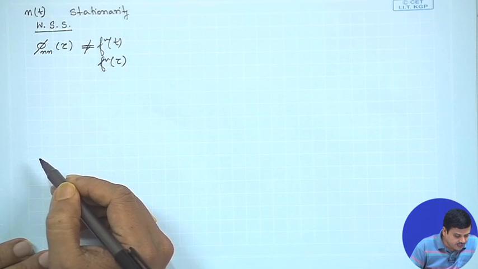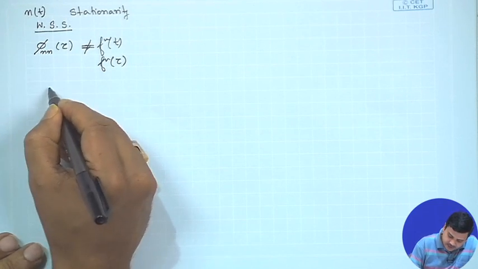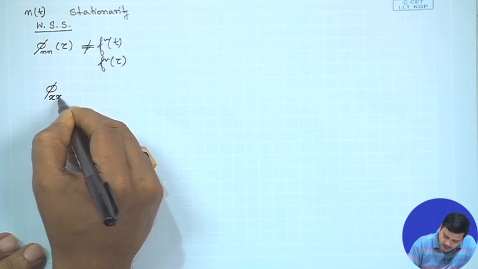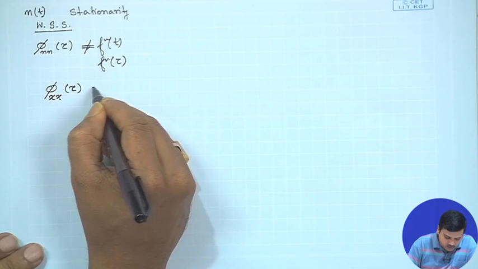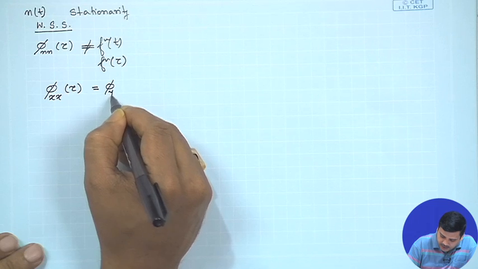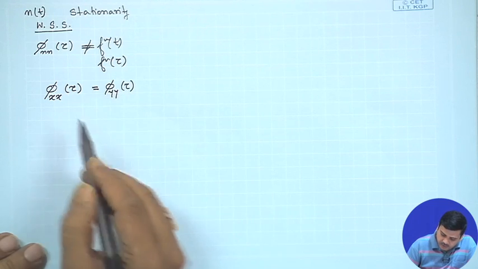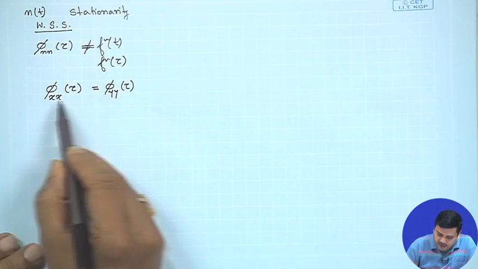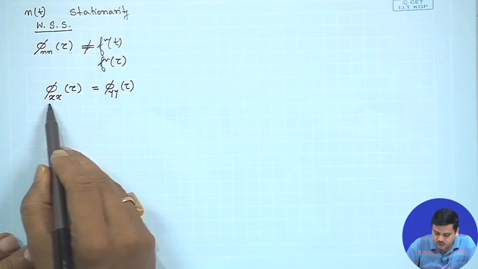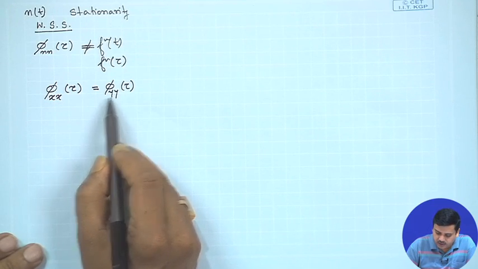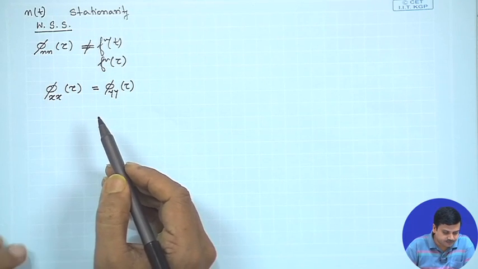So going by that, we did arrive at a few relationships like phi_xx of tau is equal to phi_yy of tau, where x and y are the I and Q components, the quadratures of the corresponding low pass equivalent of n(t). That is what we said.